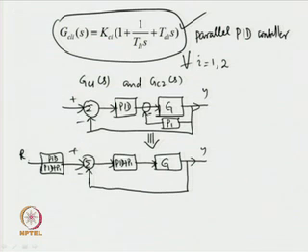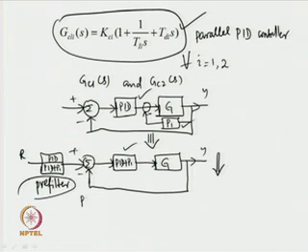So, a single input single output process with an inner feedback controller P1 and a PID controller in the feed forward path can equivalently be represented in the single input single output control scheme, where the PID plus P1 will be in the feed forward path with a pre-filter in the reference path, and the pre-filter dynamics will be given by PID upon PID plus P1.